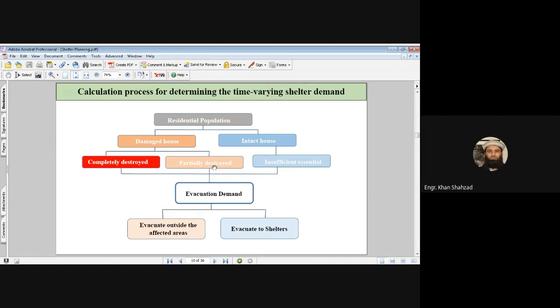How many of them are partially destroyed or partially collapsed? Then some houses are intact, but they have insufficient essential services. There are chances that if there is an aftershock or further disasters, maybe it will not provide the required services. So again, it will need some minor repair or some maintenance.